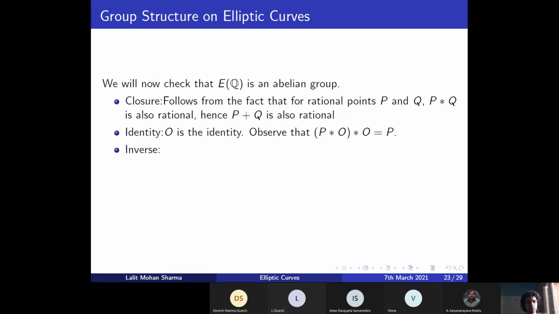We basically want a point Q such that P star Q star O is equal to O. Any guess? If we consider the reflection of P along the x-axis, would that work?